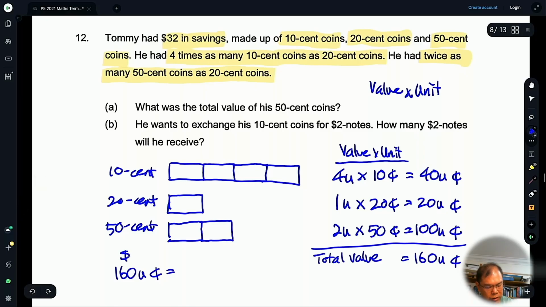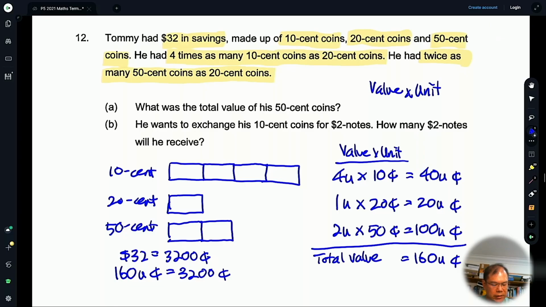Okay, so $32, because I'm using cents, $32 is how many cents? 32 times 100, so it's actually 3,200 cents. So 160 unit cents is actually equal to 3,200 cents. Okay, so you can see here, this is in cents.